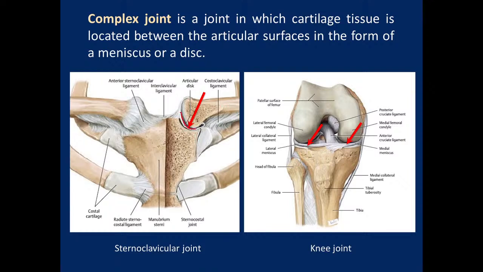In the center of the joints we find a disc, which divides the cavity into two compartments, the superior and inferior parts of the joint. Such joints divided into two etages are called complex joints.